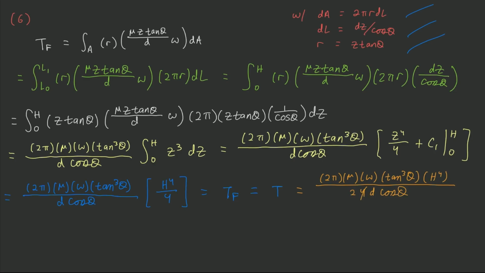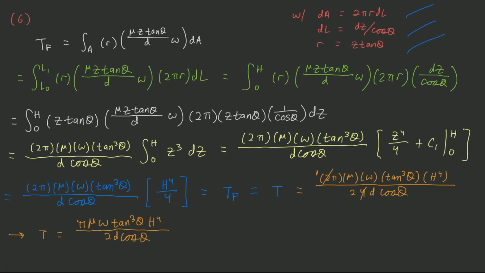That becomes 2. That becomes 1. And so we have T is equal to pi mu omega tangent cubed of theta h to the fourth over 2d cosine theta.